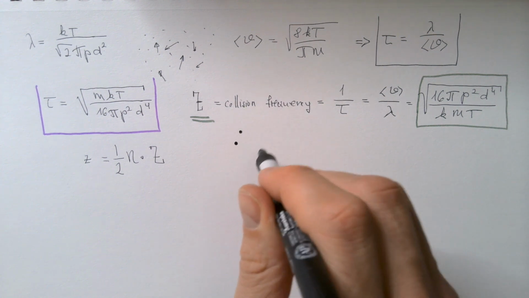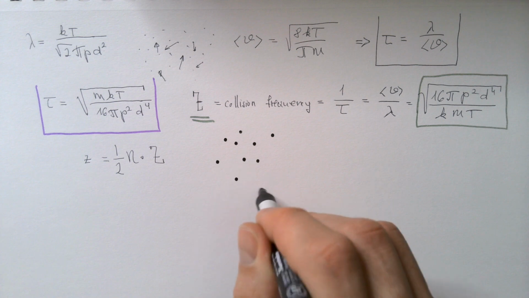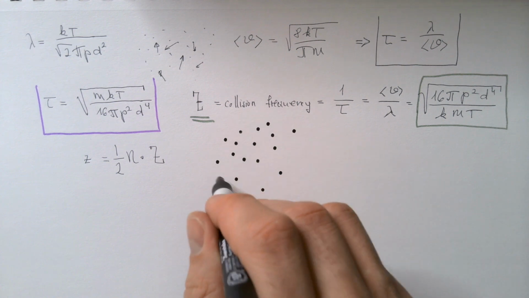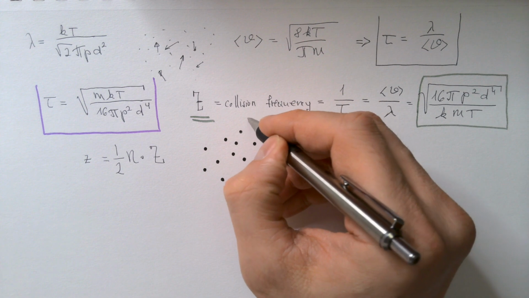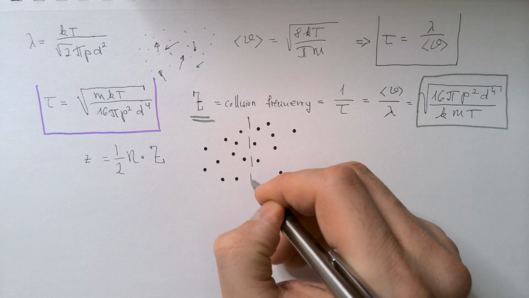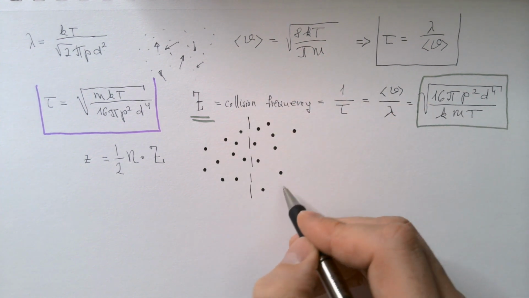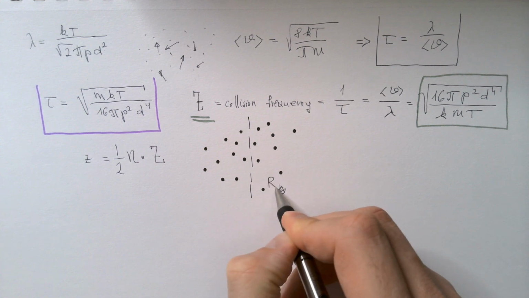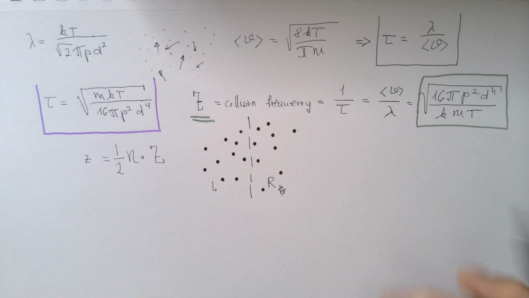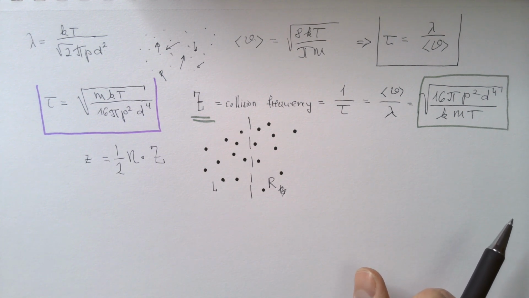If we have this gas with these atoms like so, let us just, for the sake of simplicity, split this figure in 2, like so. And now let us say that atoms in this right portion will collide with atoms in the left portion of this gas.